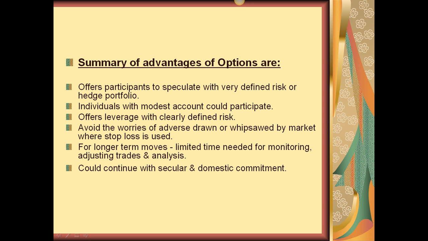So ideally we would say maybe $5,000 or $10,000 as a modest account. And even somebody with that size of account can trade successfully and build the account over a period using options, buying call options or put options on a well-researched, well-planned trade for longer swings.